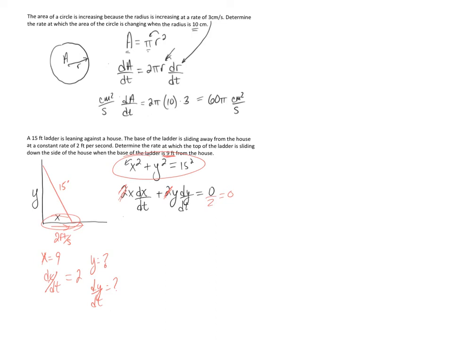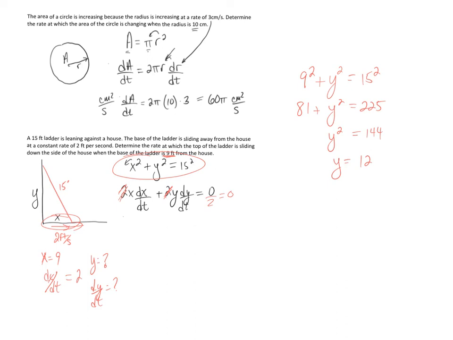So we can let x be 9: 9 squared plus y squared equals 15 squared. 9 squared is 81, 15 squared is 225, and so y squared is 225 minus 81, which is 144. So y is going to be 12. We know it's not negative 12 because it's a length.